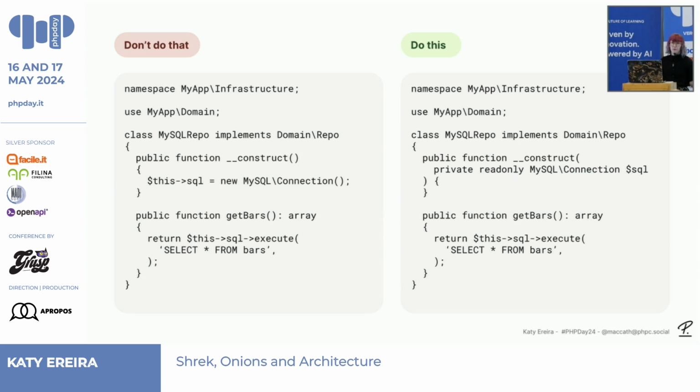So we could have a different MySQL implementation, I suppose, and we could use the same one as long as that connection defines an interface. So the execute method in getBars still exists, and that allows us to switch things out. And it allows us, importantly, to test things because we can give it a mocked version of our database. So we don't have to create a whole active database or have a database connection available in our unit tests, for example.